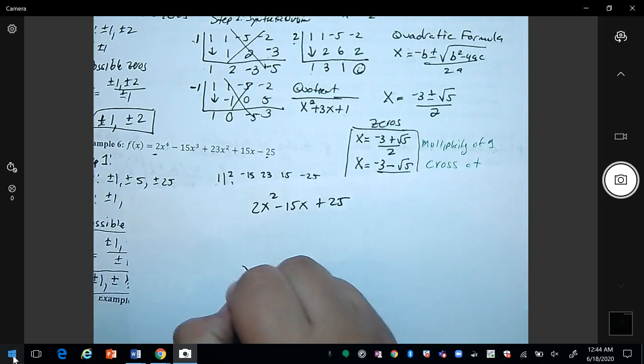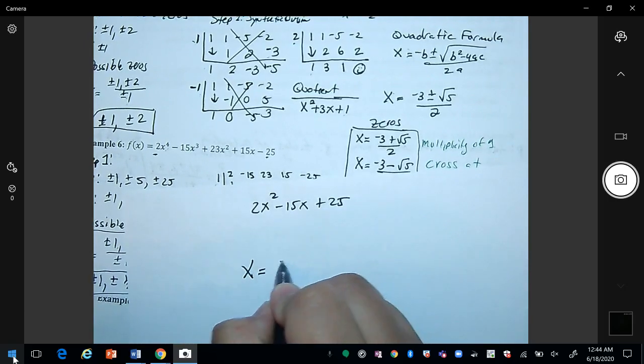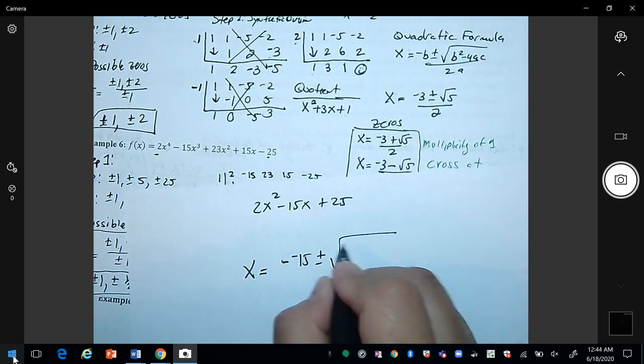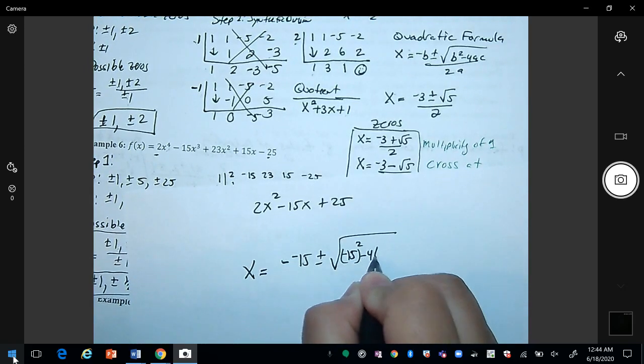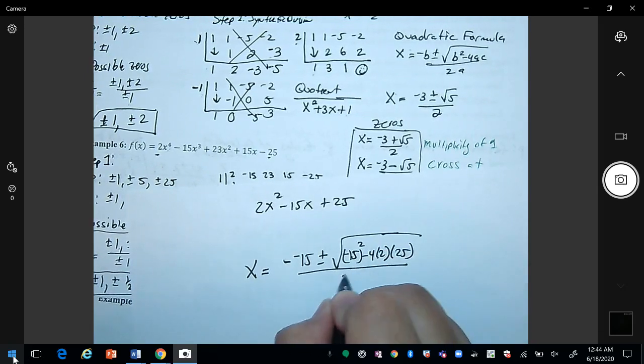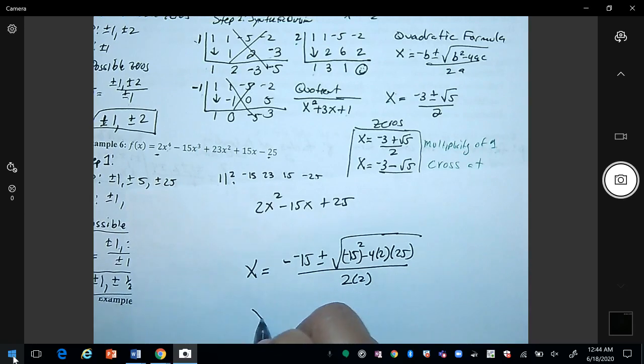Okay, if you use the quadratic formula, we would have negative b, which is negative 15, plus or minus the square root of negative 15 squared minus 4 times a times c, divided by 2 times 2. Negative negative is positive.